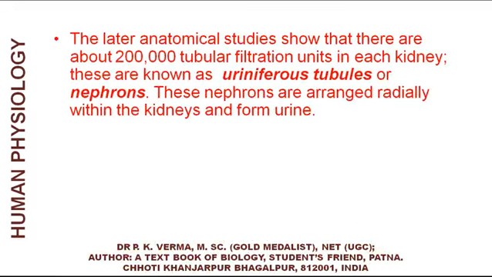The later anatomical studies show that there are about 200,000 tubular filtration units in each kidney. These are known as uriniferous tubules or nephrons. These nephrons are arranged radially within the kidneys and form urine.